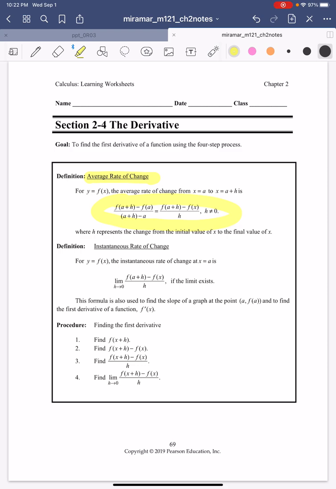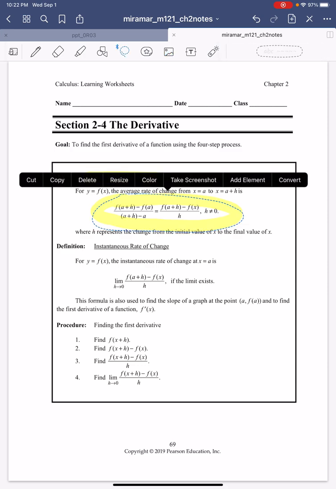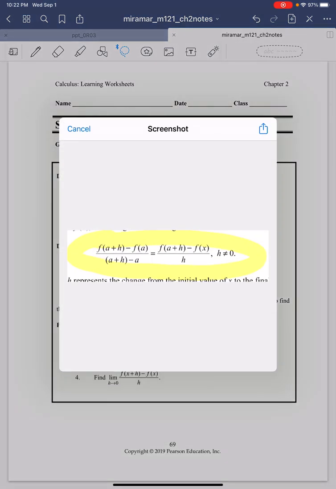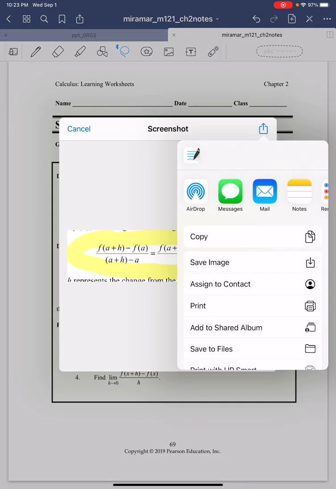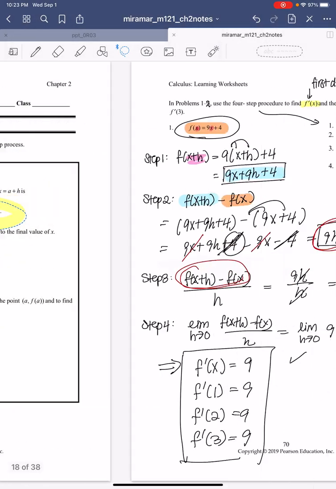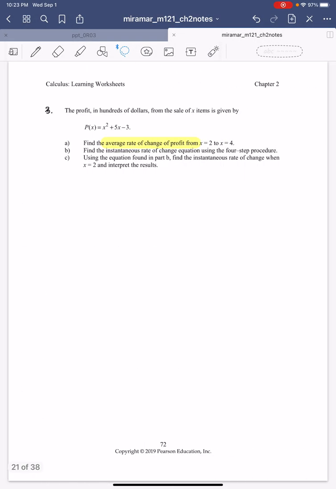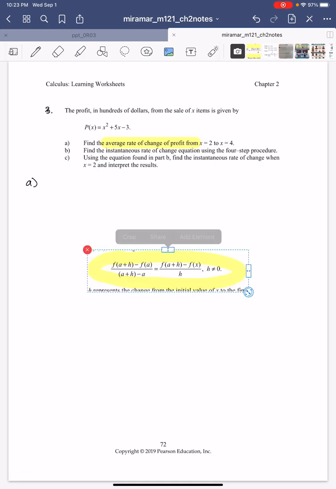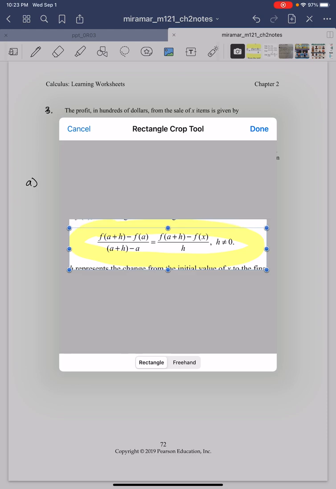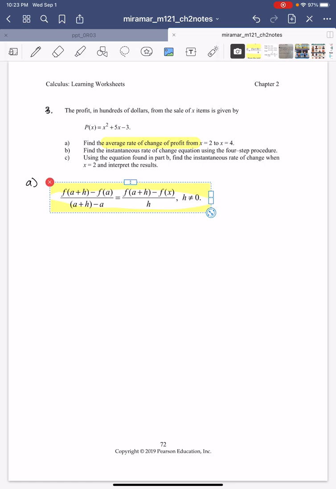So I will do a screen capture too, or copy down. Okay, so part A. When you are reading the question, make sure you are looking for a key word, because that will help you on how to solve the problem.